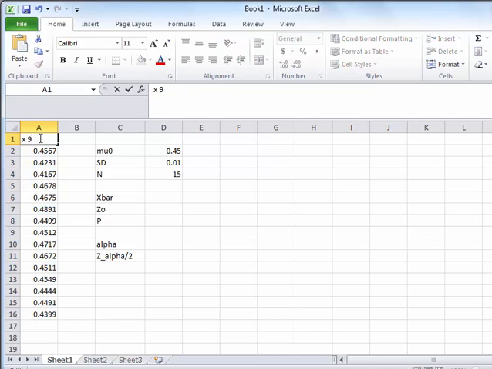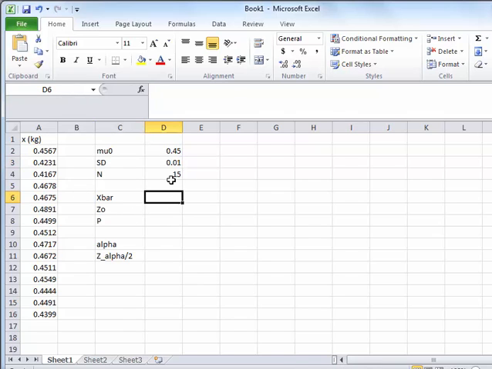I'll even put this into kilograms. We have a standard deviation of 0.01, which we know based off of the variance. So if you recall, in this example specifically, we know the variance.